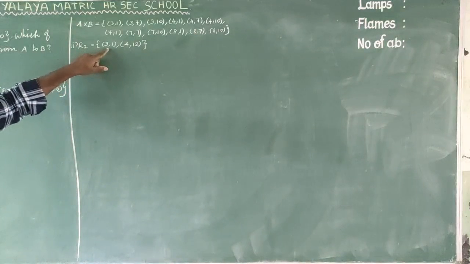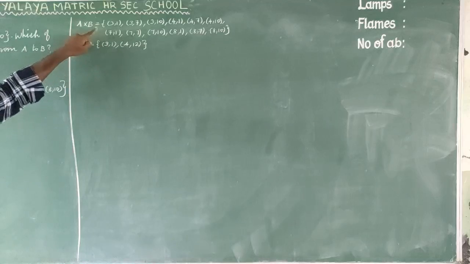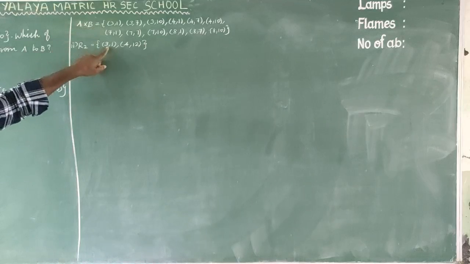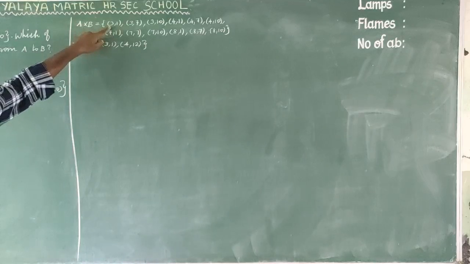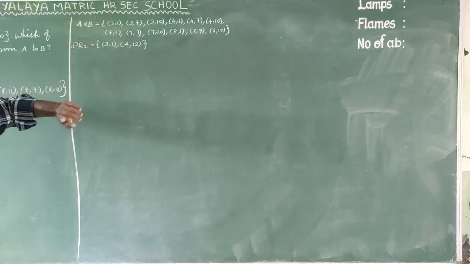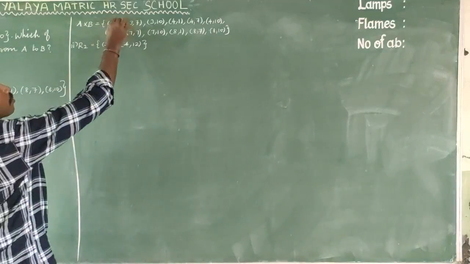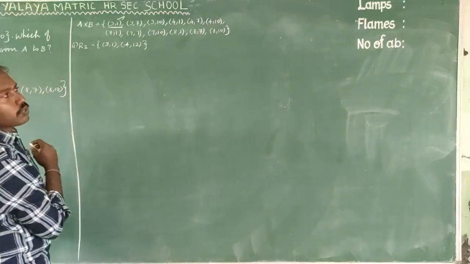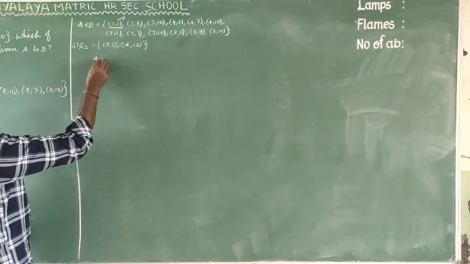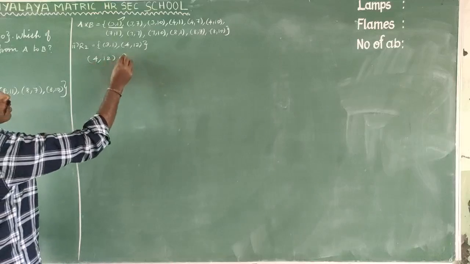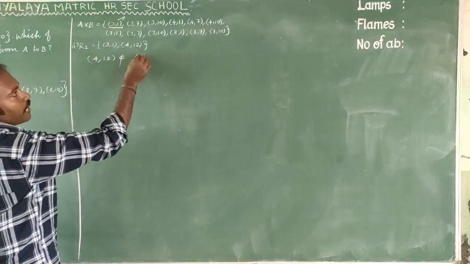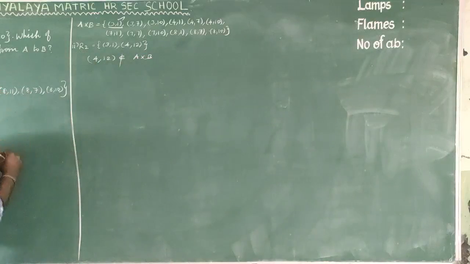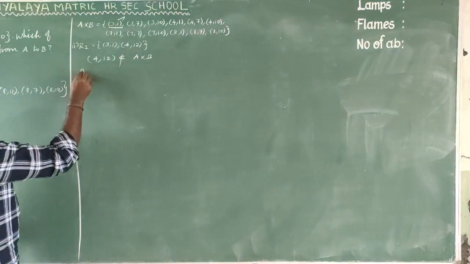First we check the elements in A cross B. (3,1) belongs to A cross B, but (4,12) does not belong to A cross B. Here R2 is not a relation from A to B.